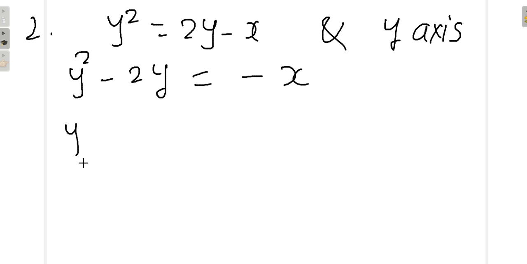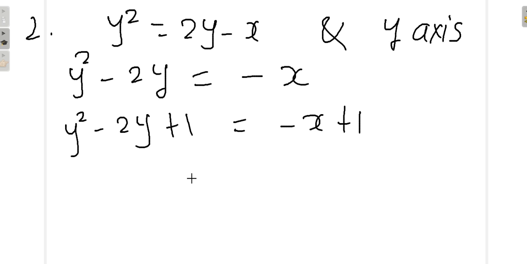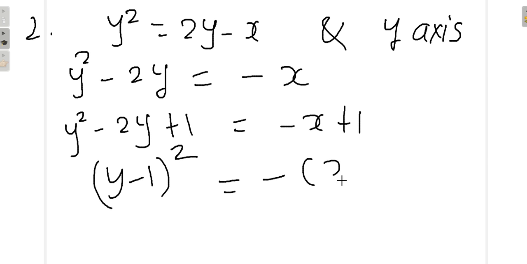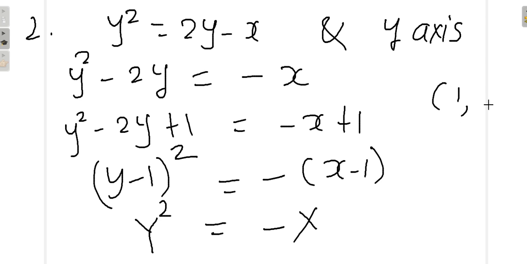Complete the square. You get (y minus 1) bracket square is minus of (x minus 1), which is of the type y square equal to minus x. The vertex is 1, 1.